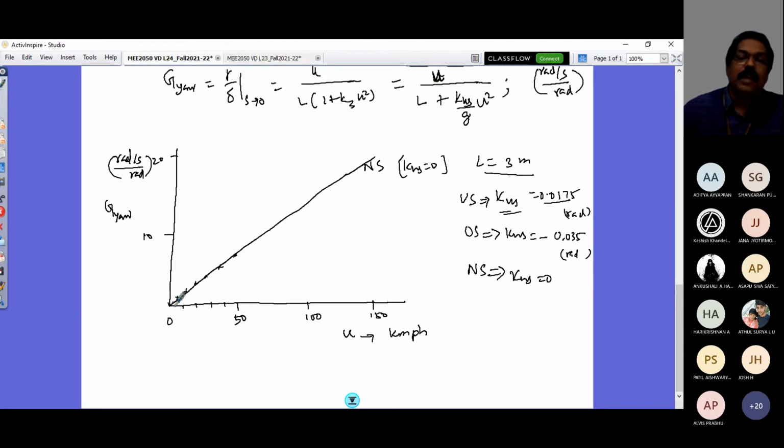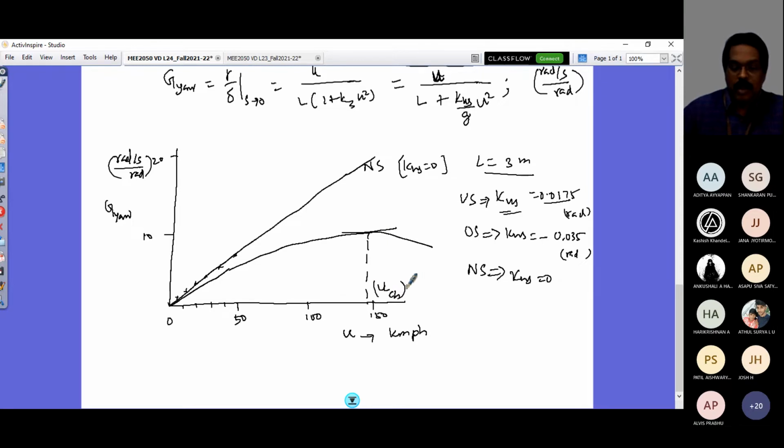So initially, for some time, I would have an increase in this gain value, and then it would attain some maximum, and then it will drop. There is a point where the slope is 0, and the corresponding speed is what we call the characteristic speed.